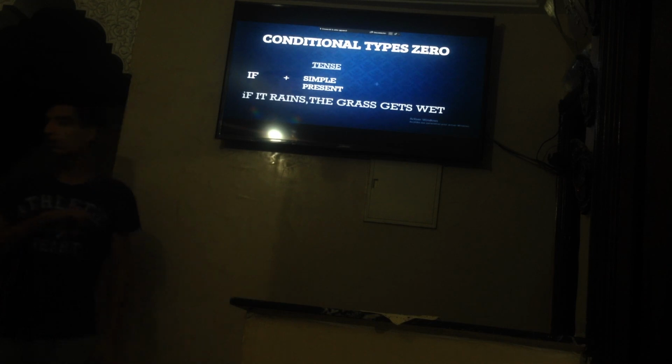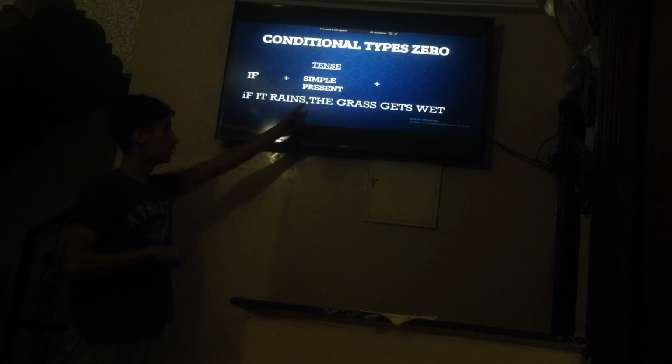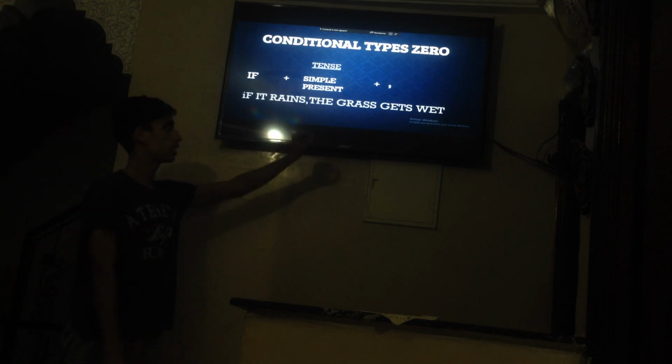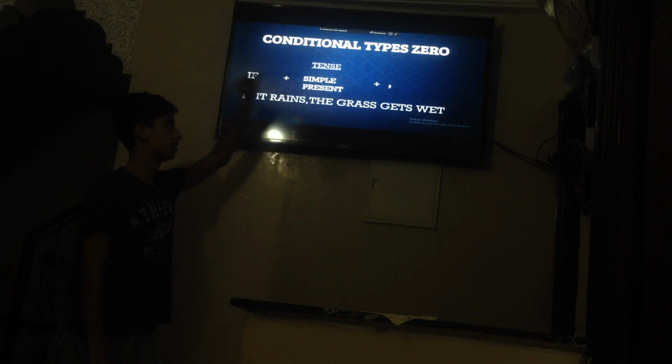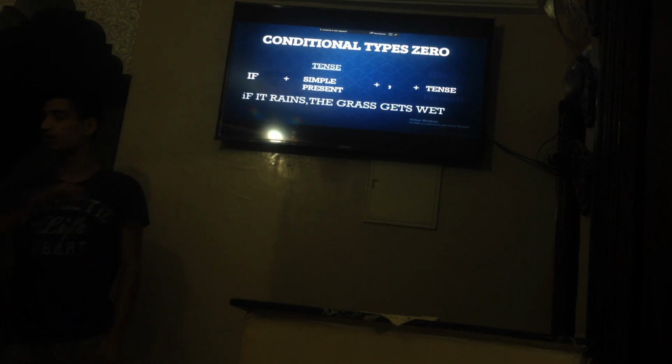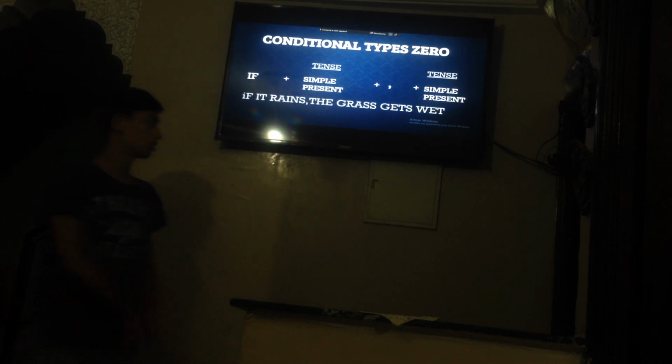Okay, then we have plus what we have here, a comma. So in the rule, we also have to put a comma after the simple present in the conditional type 0. Plus, what do we have here? A tense also, another tense. So I will ask the students again, what is the tense of this verb, which is to get? And they have to answer me that it is simple present also.